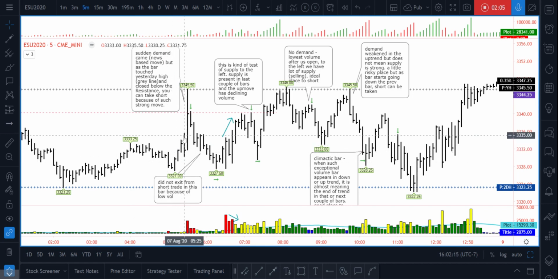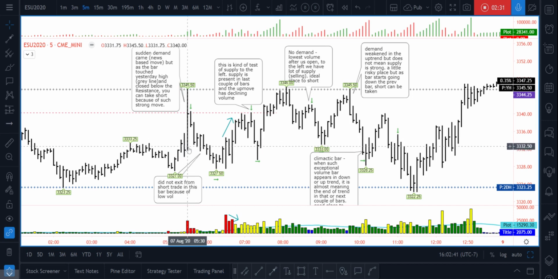Given the popping volume, this volume is significantly higher compared to the previous bars. I know it's too small to read, but the volume is higher, and then it couldn't break the resistance, which is this one, and closed below it. At this point it's a good fight, but the selling is winning.